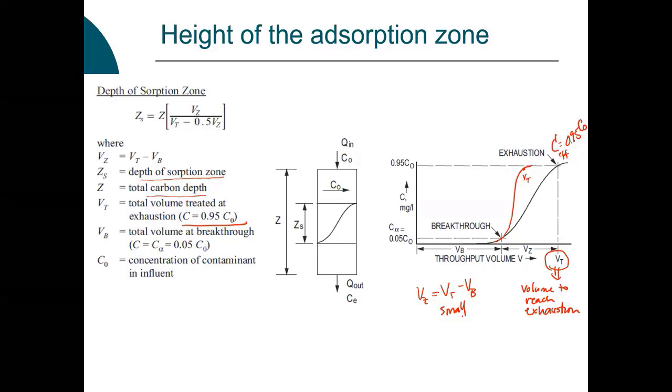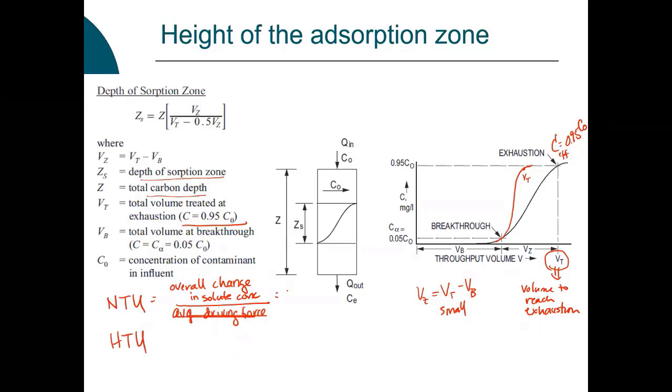We also talk about terms of the number of transfer units and the height of a transfer unit. The number of transfer units represents the overall change in solute concentration divided by the average driving force. And that we can write mathematically as the integral from Y2 to Y1 of dY over Y minus Y star, where Y star is the equilibrium concentration.